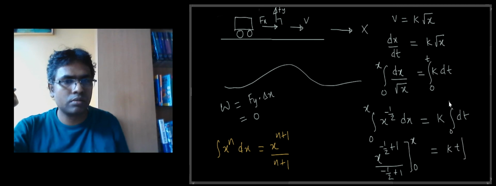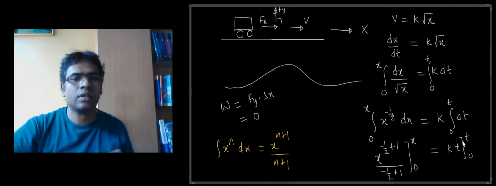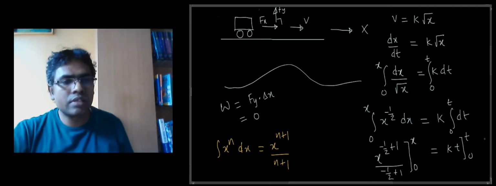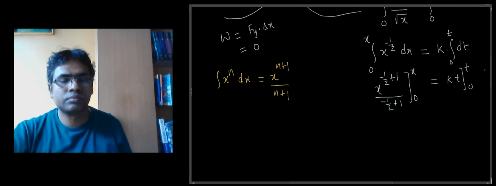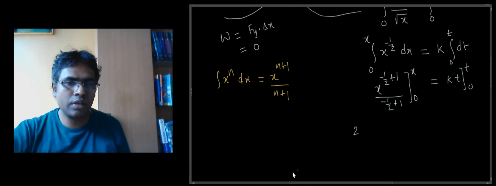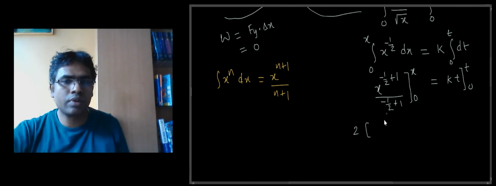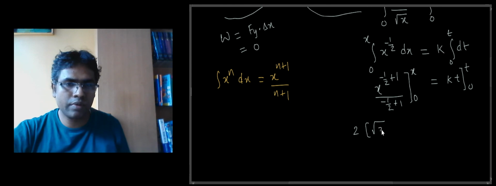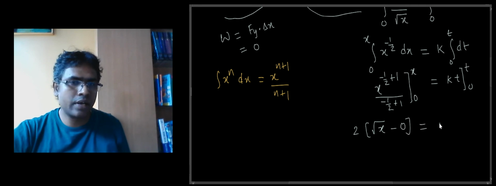Again, the lower limit is 0 and the upper limit is t. Now if I substitute the limits, in the denominator we have half, so if I flip that, I'll have a 2 in the numerator. When I substitute x, I have x to the power half, which I can write as square root of x. And if I substitute 0, that's square root of 0, so that's 0. On the right hand side, we simply have kt.